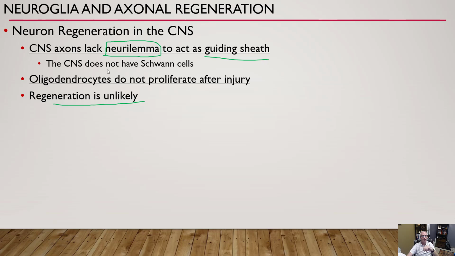In the central nervous system, that myelin sheath is produced by oligodendrocytes. So the myelin does not have that neurolemma. And oligodendrocytes don't proliferate after an injury. So if you damage neurons in your central nervous system, regeneration is highly unlikely.